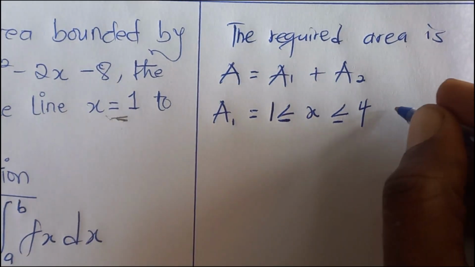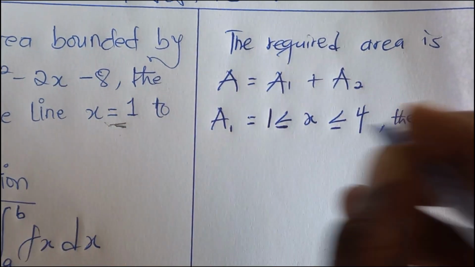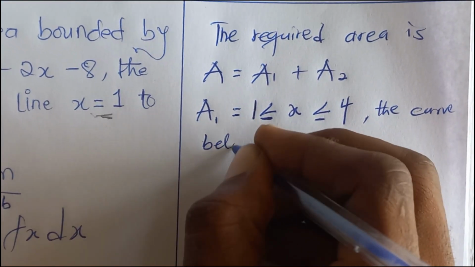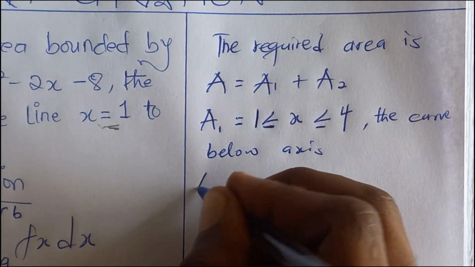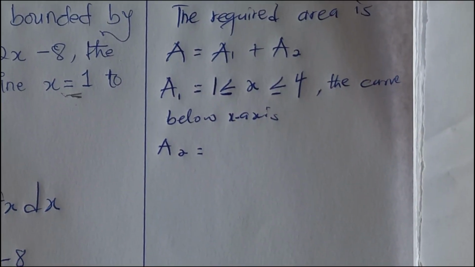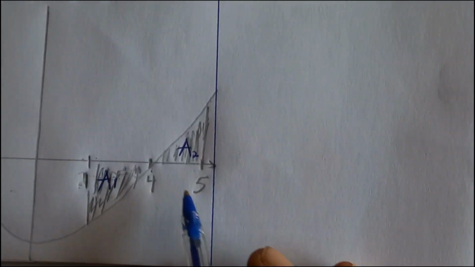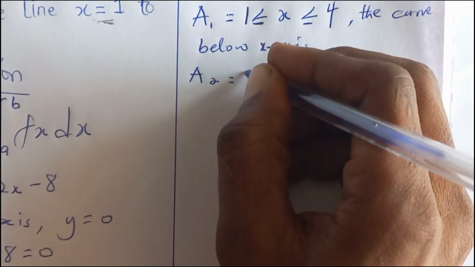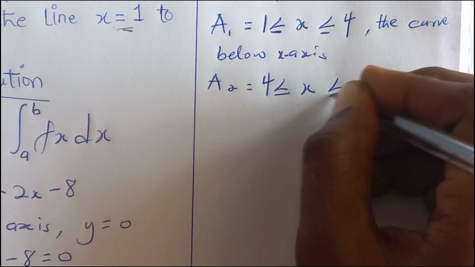Okay, so you know that the curve is below the x axis. Then A2, you can see A2 is from 4 to 5. So the boundaries are going to be from 4 to 5.